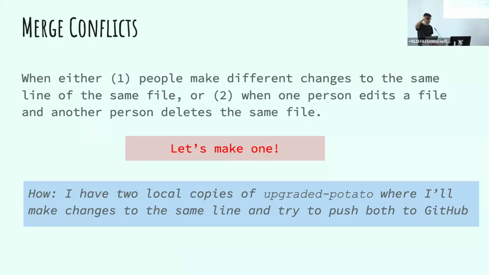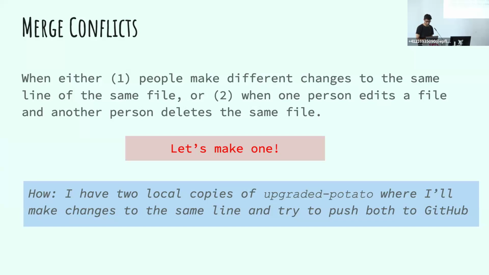Otherwise, if you're working on completely different files or lines, even with different commits, Git is going to figure out how to stitch those changes together. But in these two situations Git is not sure who's actually right, so there needs to be some manual intervention.